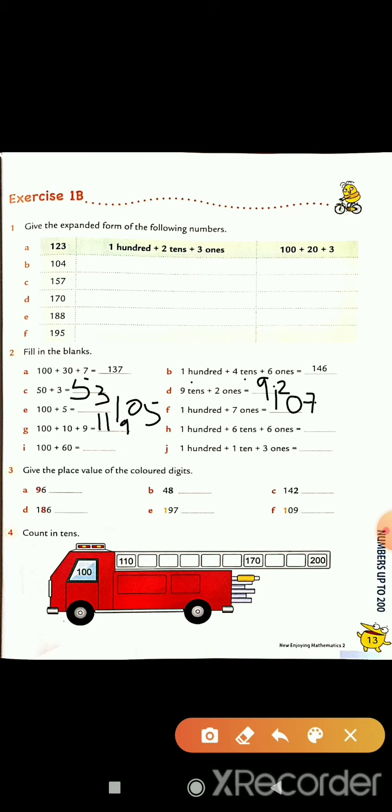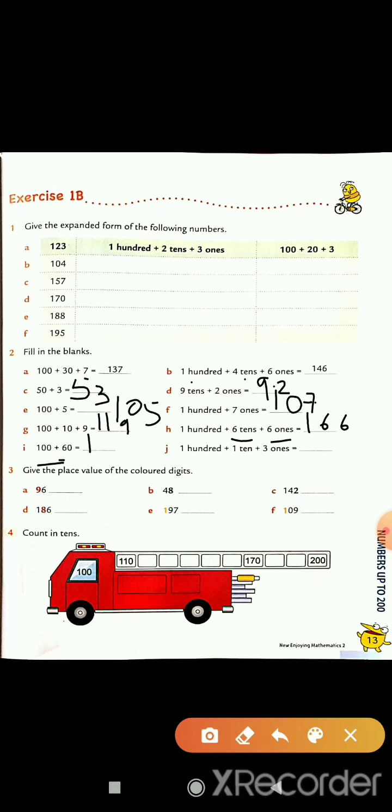At the place of 100 we have to write 1. At the place of tens we have to write 6. At the place of ones we have to write 6. So our number is 166. Next, 100 plus 60. So at the place of 100 we have to write 1.